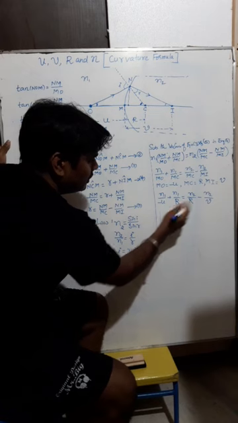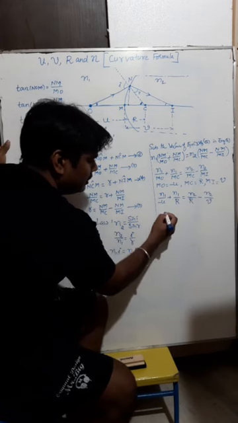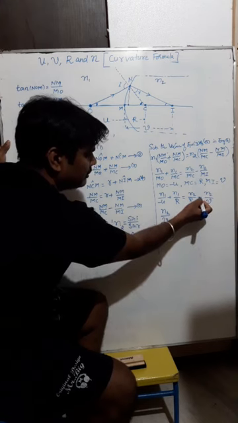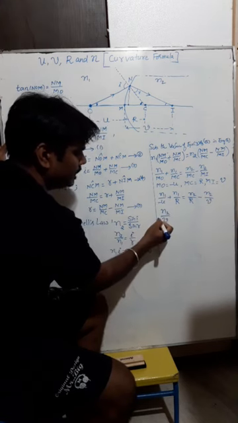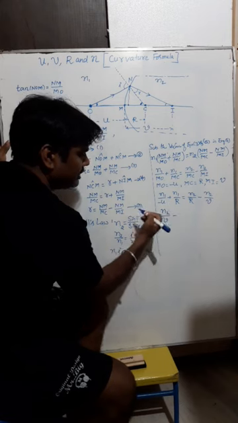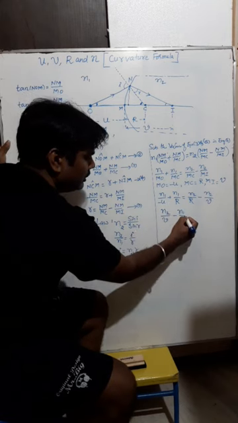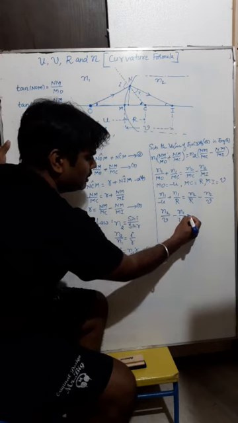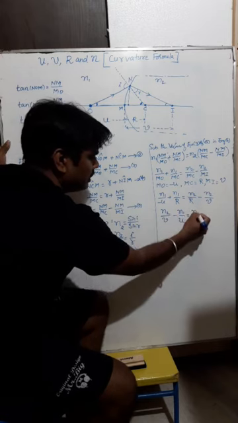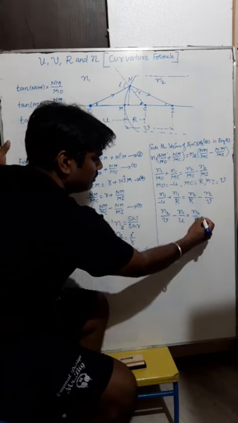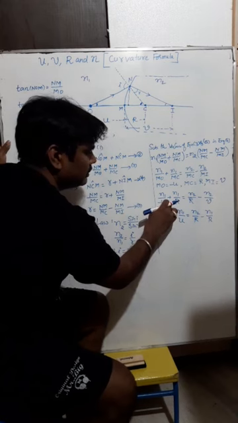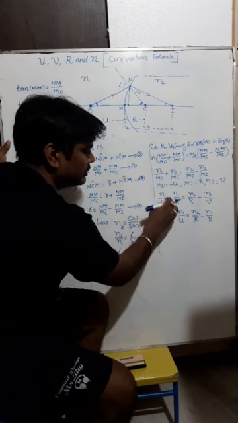Now first I want to take this one, N2 by V. Why am I writing positive? I am transferring from here to here, so it will become positive. The second term is minus N1 divided by U, which is equal to, if I transfer to the right hand side, N2 by R first, minus N1 by R. Since we are transferring from LHS to RHS, the positive sign will become negative.